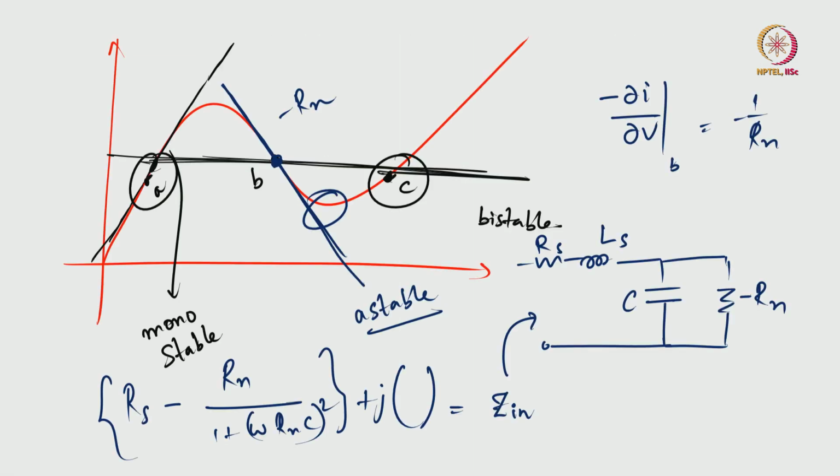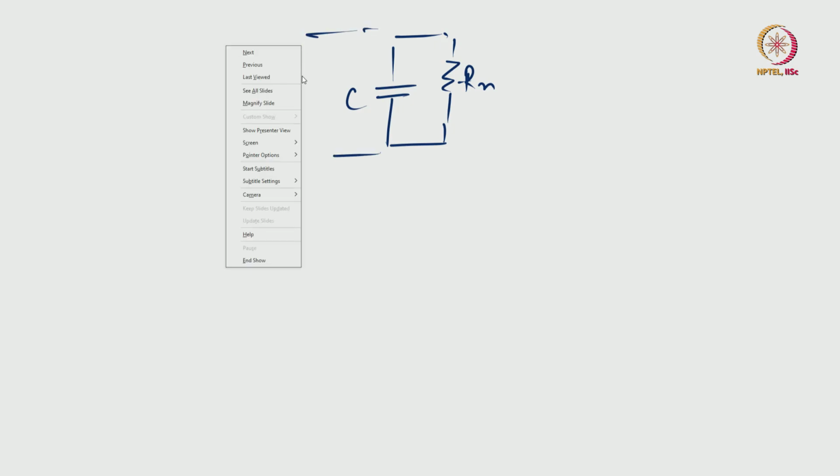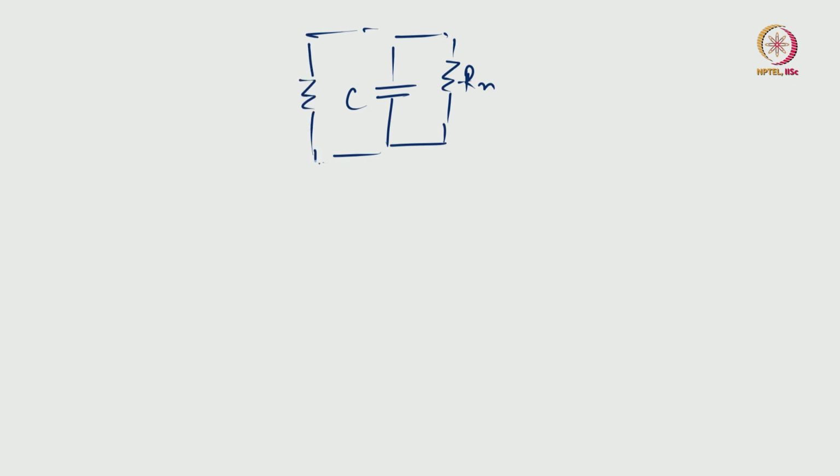Now the thing is, this tunnel diode can be connected either in series or in parallel with a load, and then you can expect it to behave like a voltage oscillator, or sometimes as a voltage amplifier, depending on the biasing condition. For instance, if I go to this circuit again, you have a minus Rn and this capacitance here, and you are going to connect it in parallel across a load, which is your RL.